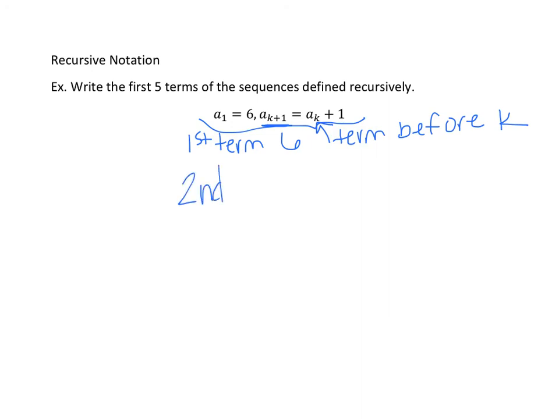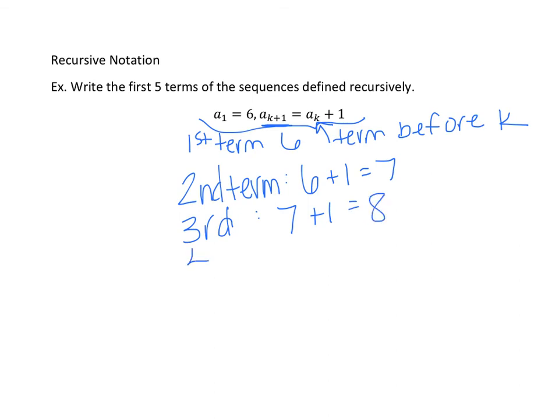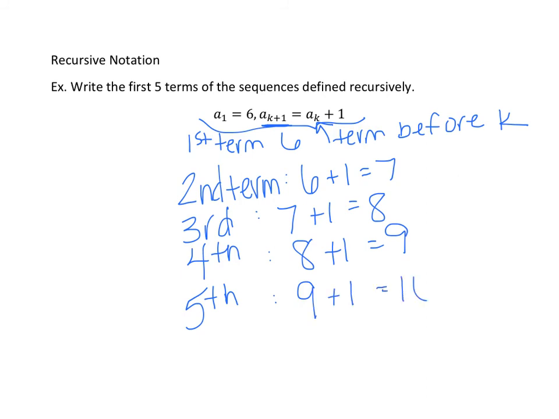So if I'm working on my second term, I need to take my term before, add 1, and get 7. Third, term before, add 1, 8. Fourth, term before, add 1, 9. And fifth, term before, add 1, 10.